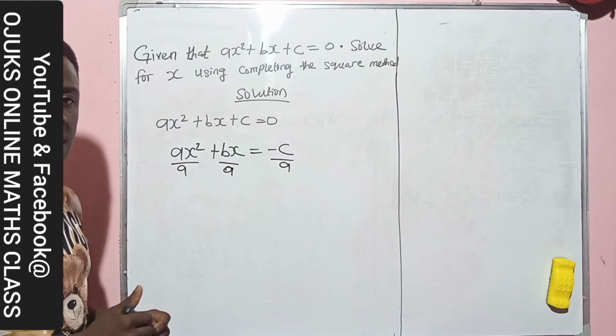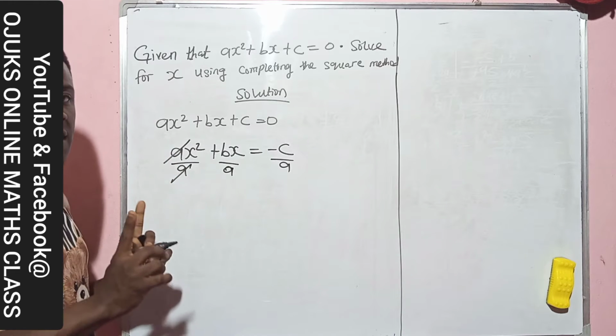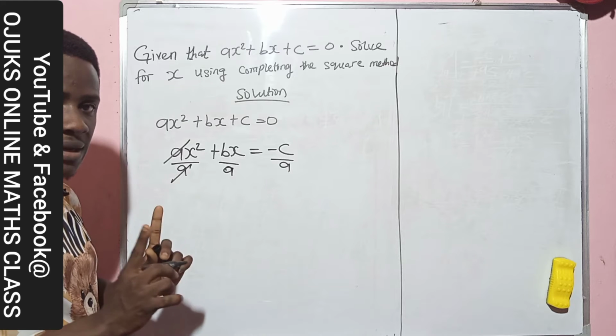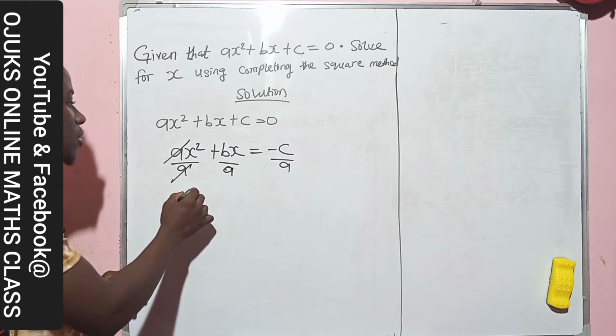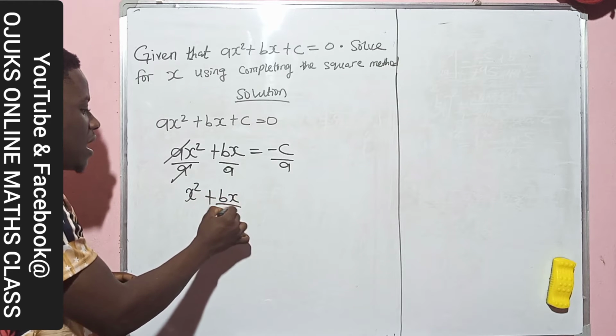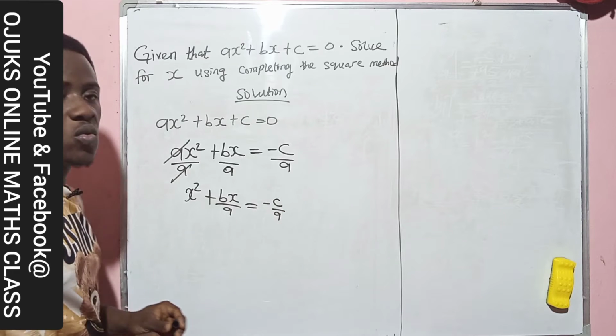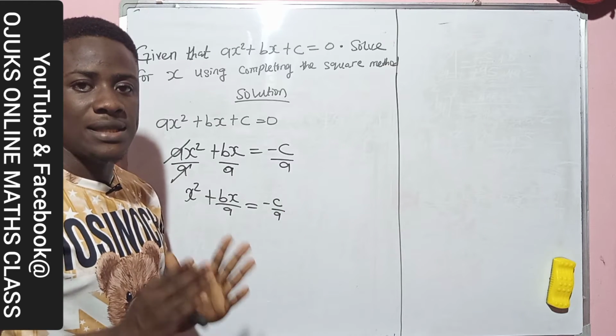Divide through by a, and automatically a will cancel a. The coefficient of x squared is now a unit, equal to 1, as you can observe here. So we have in return x squared plus bx over a equals minus c over a. We have taken the second step.